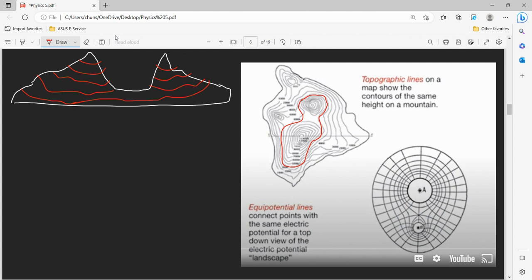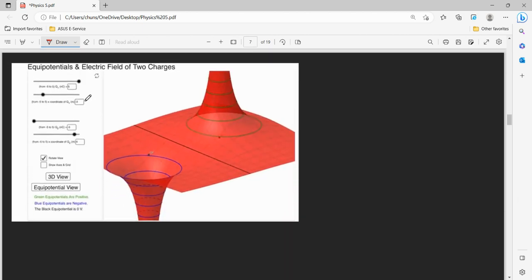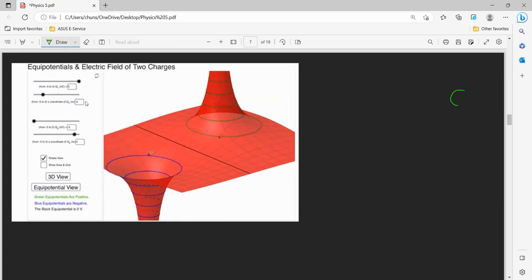So we can use this same principle for equipotential lines, which are lines that connect points with the same electric potential to create a top-down view of how particles are reacting with each other. So if we use this diagram here, where our positive charge is green and our negative charge is blue, you can imagine it creating lines that look like this.